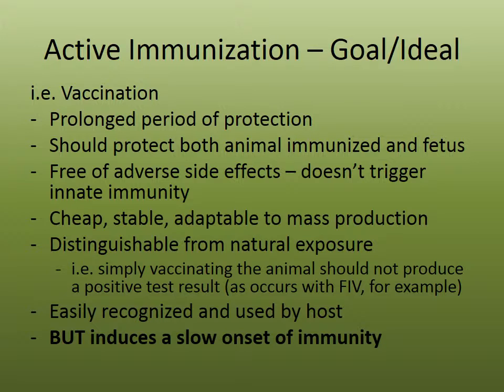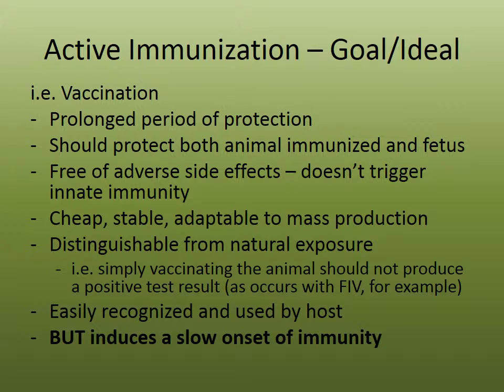We want something that's cheap, stable, and adaptable to mass production. This is funny because that's always what we want for everything, but it's very hard to achieve, of course. Some vaccines have become relatively cheap, but certainly not all.